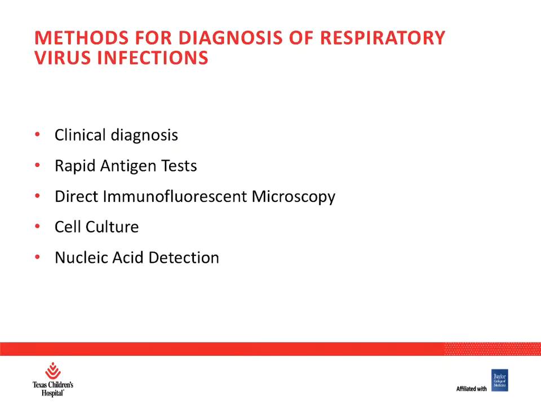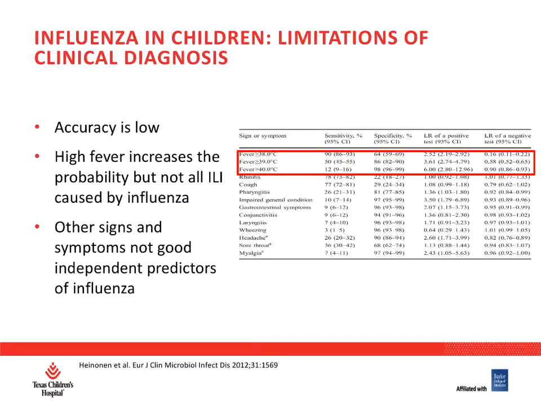There have been a number of modalities employed over the years to diagnose respiratory virus infections, from clinical diagnosis, to rapid antigen tests, direct immunofluorescent microscopy and cell culture, and more recently, nucleic acid detection. I'll touch briefly on some of these methods.